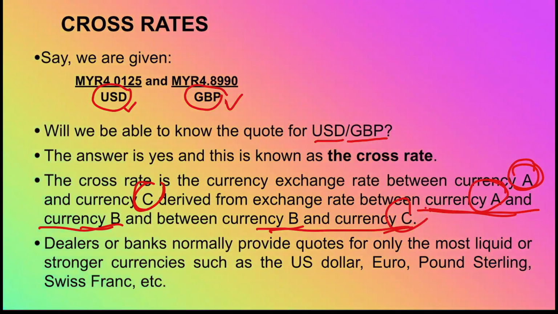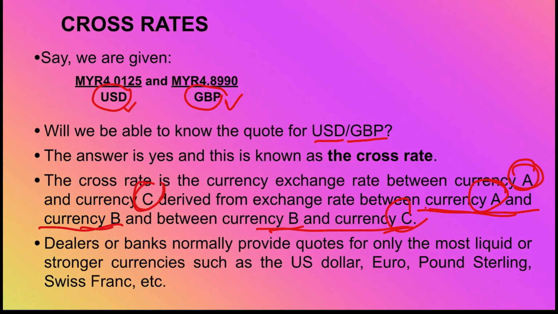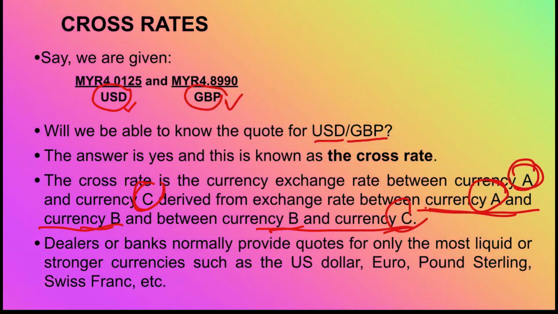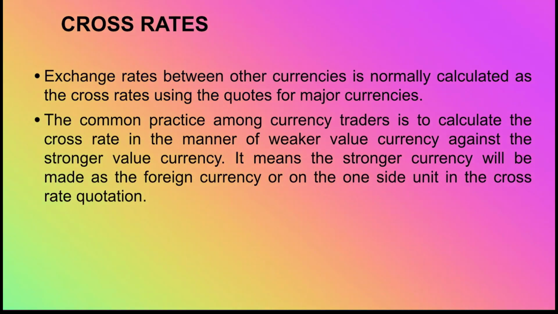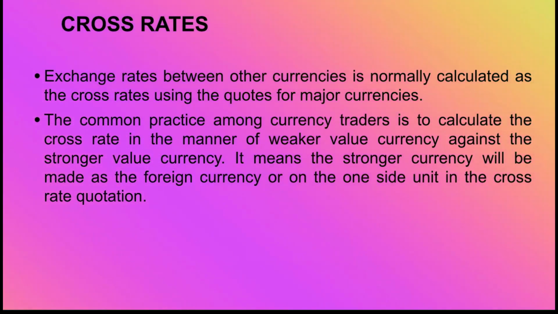Dealers or banks normally provide quotes for only the most liquid or stronger currencies such as the US dollar, euro, pound sterling, and Swiss franc, and many more. Exchange rates between other currencies are normally calculated as cross rates using the quotes for major currencies.